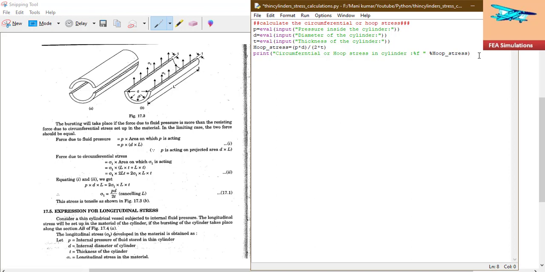And longitudinal stress. Calculate the longitudinal stress. Now longitudinal stress is given by pressure into diameter divided by 4 times thickness of cylinder.